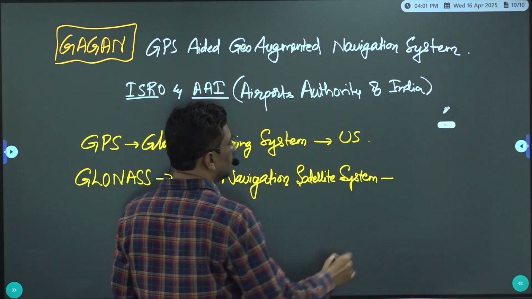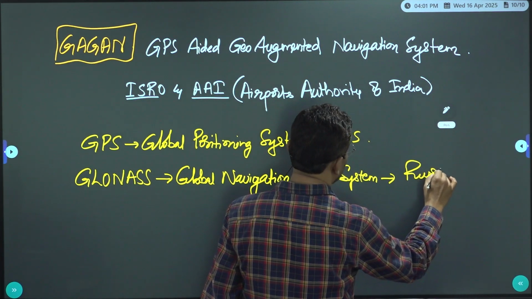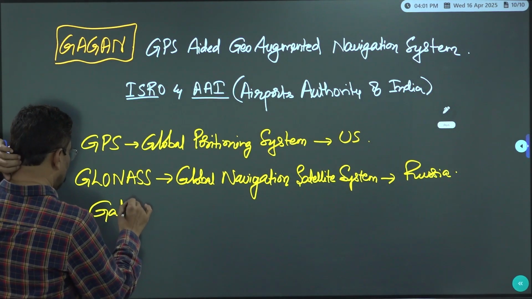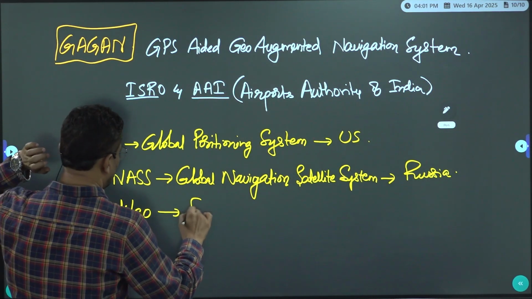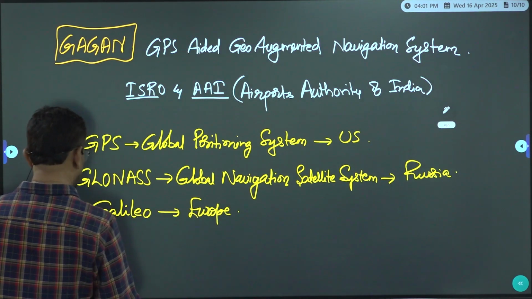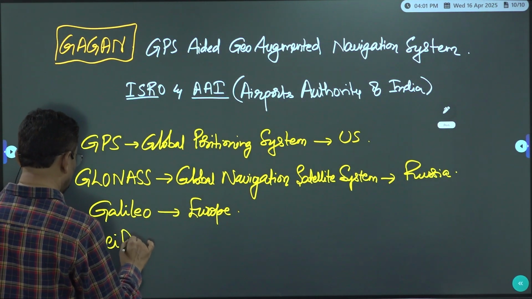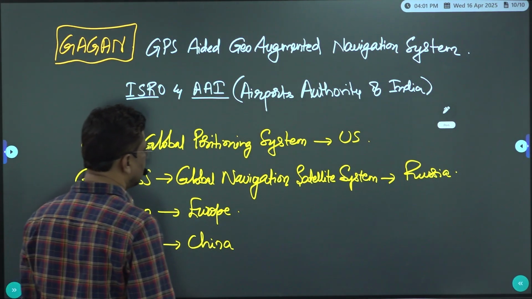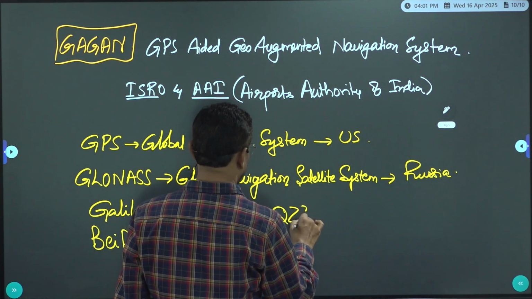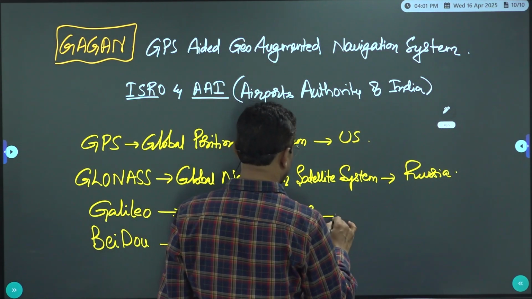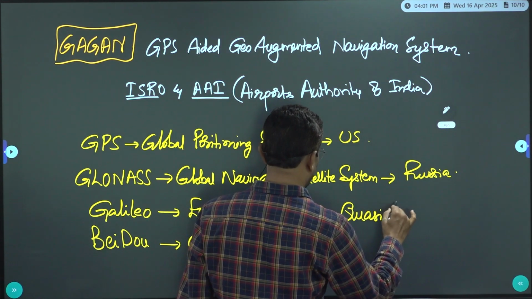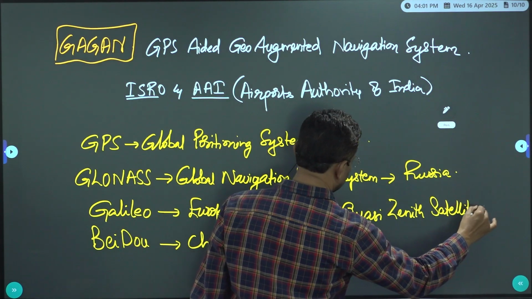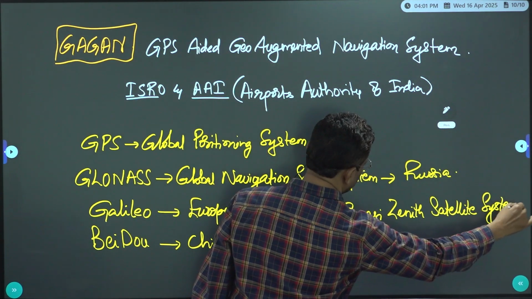It is the navigation system of Russia. Next, Galileo, navigation system of Europe. Next, BDS, navigation system of China. Then QZSS, Quasi Zenith Satellite System. This is the navigation system of Japan.